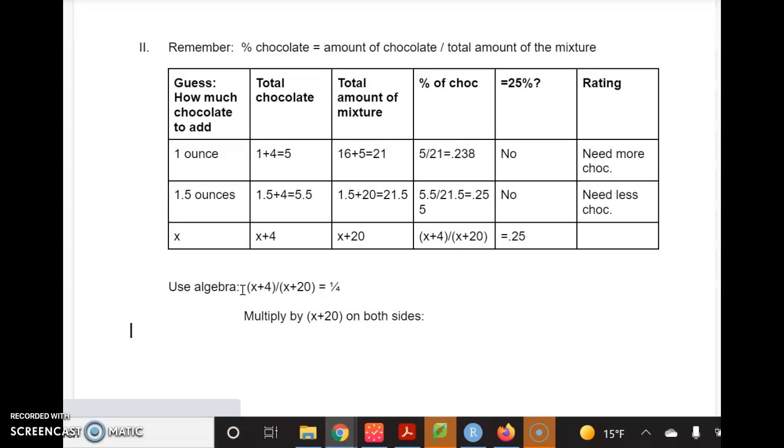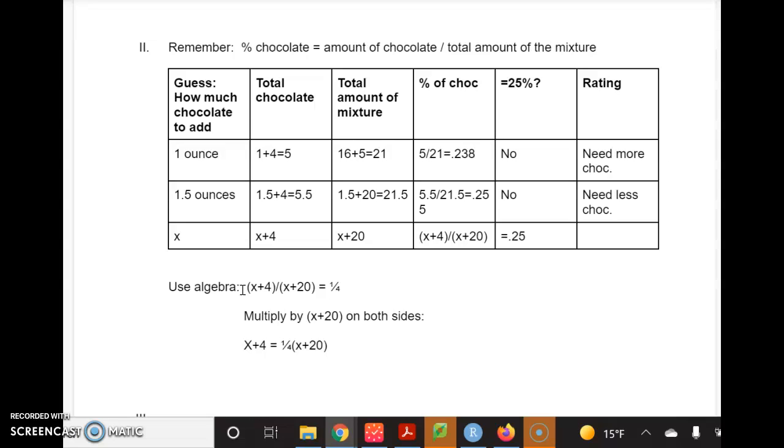I'm just going to give you this part, and then you could solve it, because hopefully you can do some simple algebra, right? And since I'm typing it, it's kind of a pain. But I'd have 1/4 times X plus 20, and then you can multiply by 4 on both sides, right? So hopefully you can solve a linear equation, and you'll figure out what X is, okay?